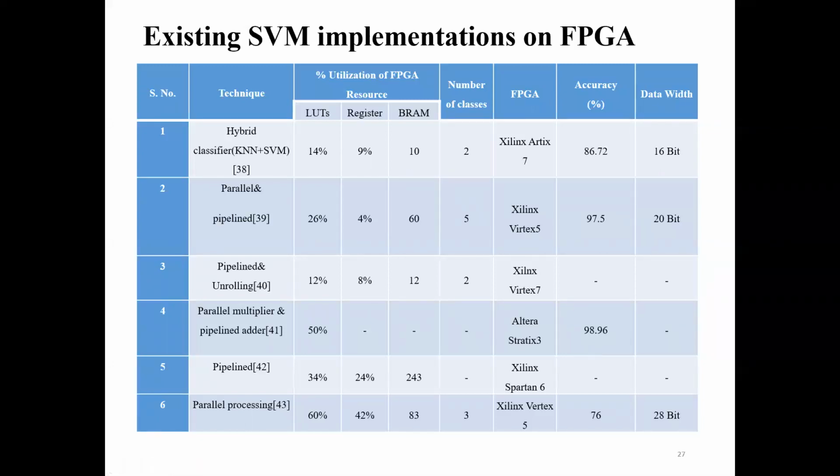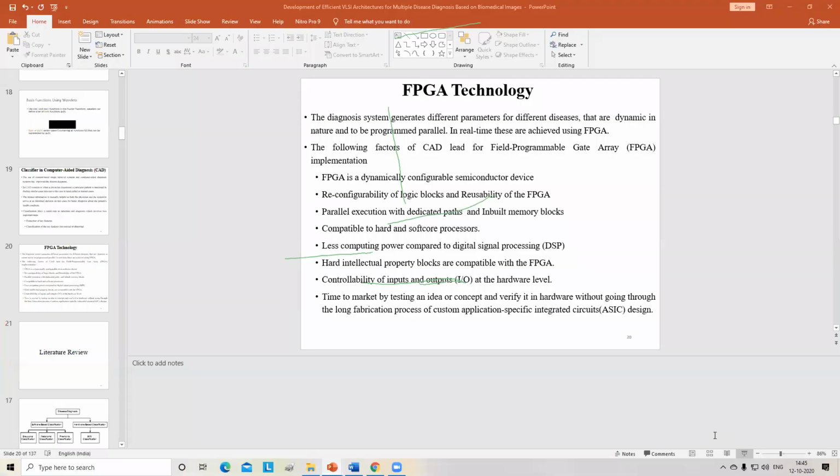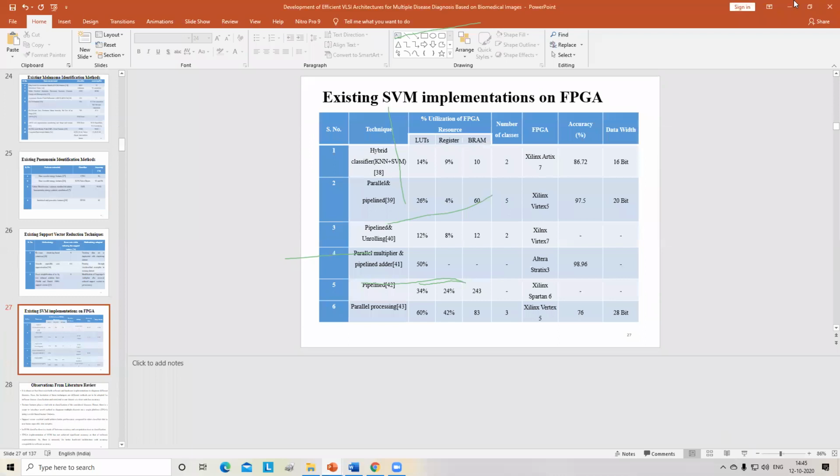But you observe that the resource utilization is also a little bit high, with a high percentage utilization of lookup tables. And you may observe what all the existing SVM implementations are.